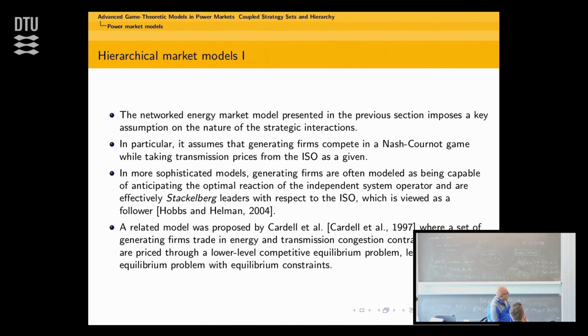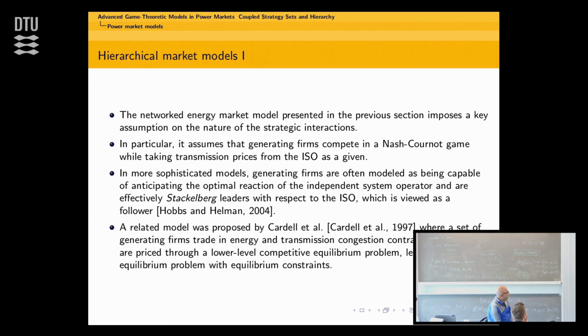In particular, it assumes that the generating firms compete in a Nash-Cournot game while taking transmission prices as given, right? So in most sophisticated models, generating firms are often modeled as being capable of anticipating the optimal reaction of the system operator and are effectively Stackelberg leaders with respect to the ISO's reaction.